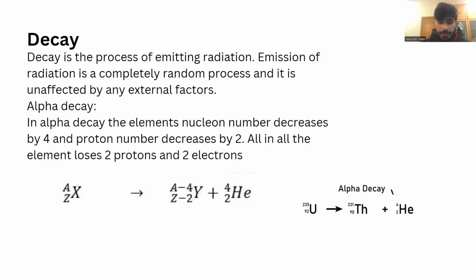So the first type of decay that we have is your alpha decay. Now, in alpha decays, the element's nucleon number decreases by 4 and the proton number decreases by 2. All in all, the element loses 2 protons and 2 neutrons.